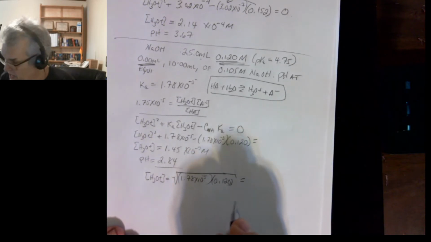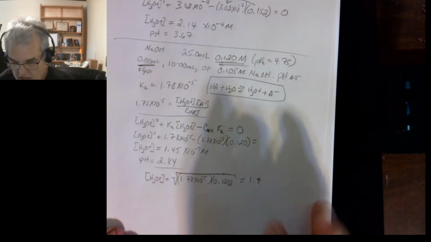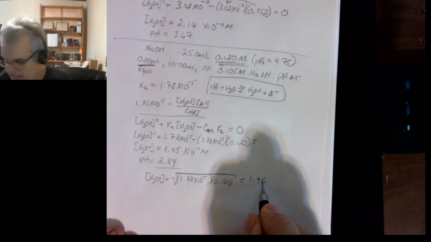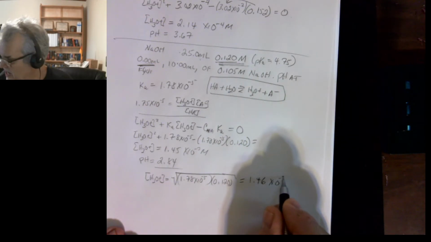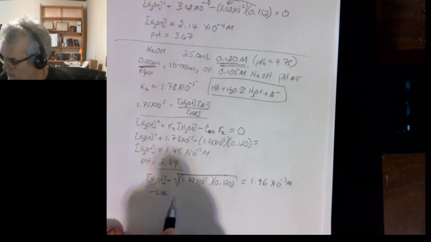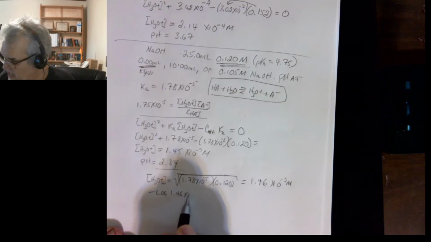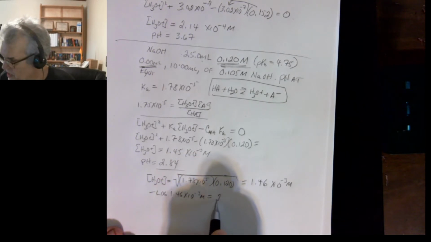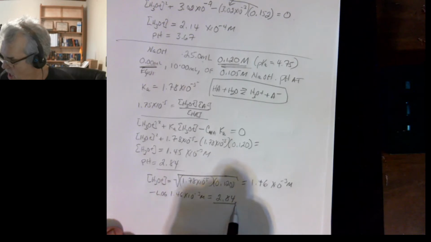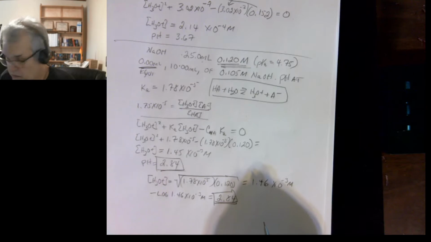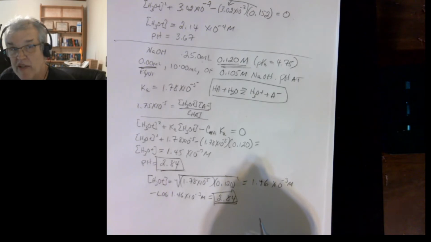We get 1.46 times 10 to the negative 3 molar. Well, the negative log of 1.46 times 10 to the negative 3 molar is going to be 2.84. We got the exact same pH. How about that? That works.